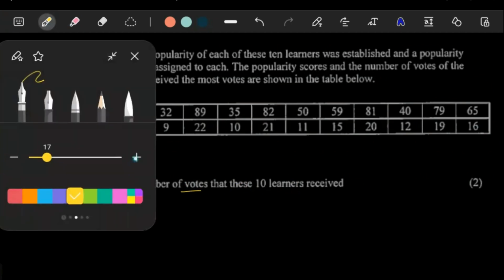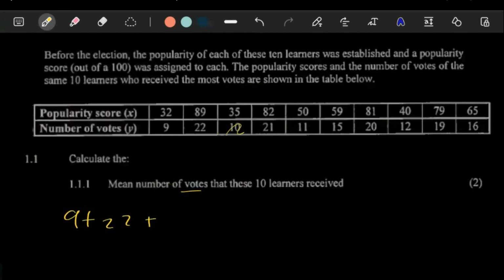Let's see here, make this a bit bigger. Plus 10 plus 21 plus 11 plus 15 plus 20 plus 12 and then what else here, plus 19 and then plus 16.